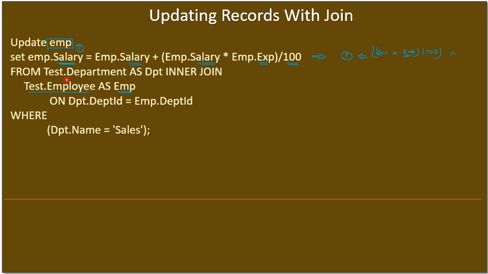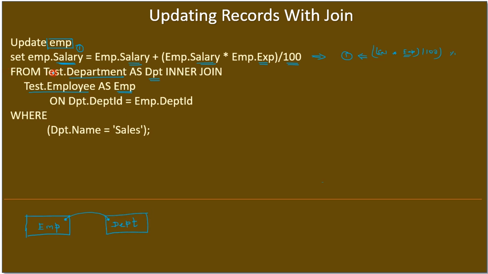From test.department, here we are bringing the department into the picture as dept, inner join test.employee as emp. Our goal is to update the employee table, but we are performing the join to the department table.